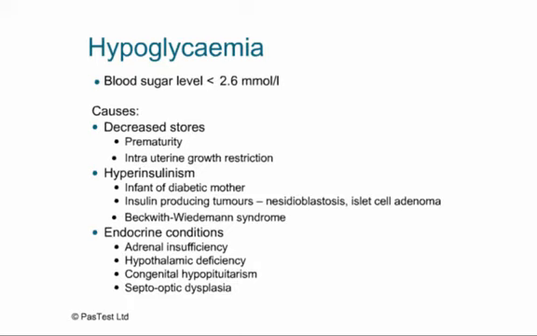The second group is hyperinsulinism, as we mentioned earlier, seen in infants of diabetic mothers or in conditions such as Beckwith-Wiedemann syndrome or insulin-producing tumors. Endocrine causes of hypoglycemia would include adrenal or hypothalamic deficiency, congenital hypopituitarism, or septo-optic dysplasia.